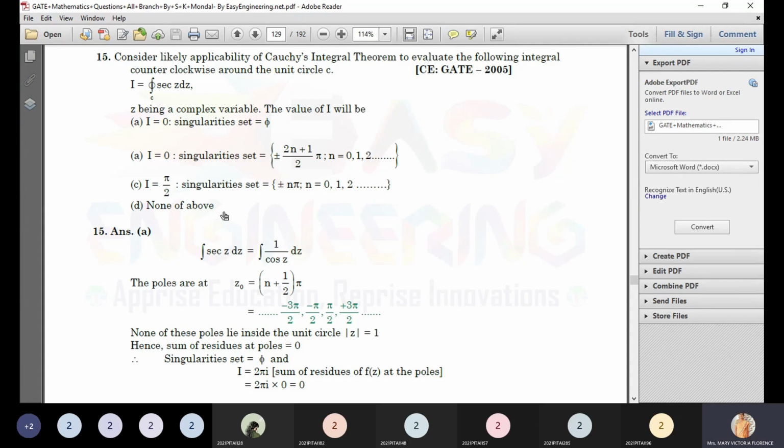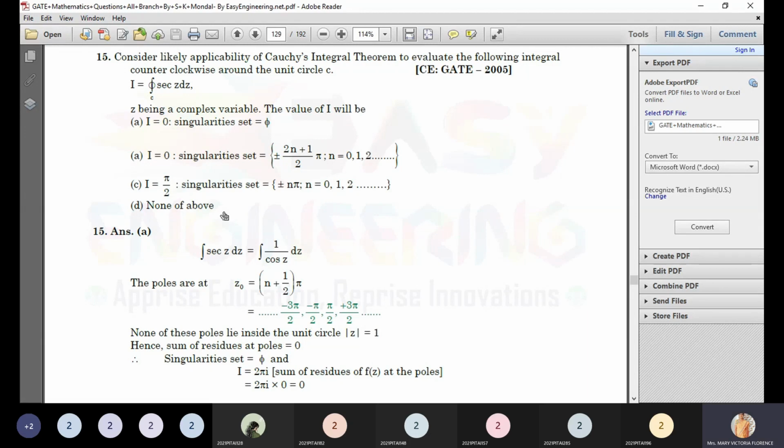So the integral of secant z dz is what we have to find. Secant theta is nothing but 1 by cos theta. The poles lie on the axis, and on the positive side we can take them as (2n plus 1) by 2 pi.